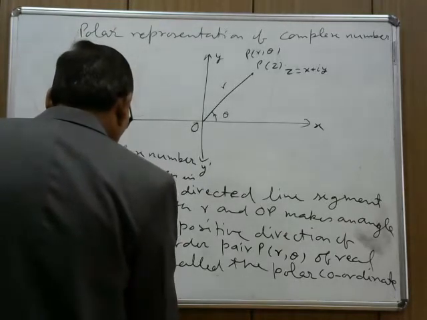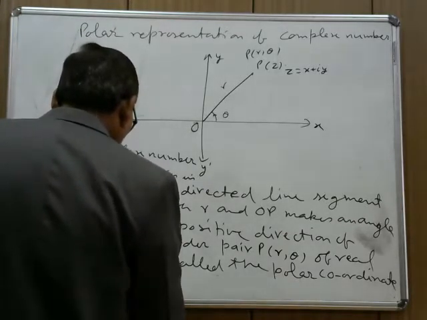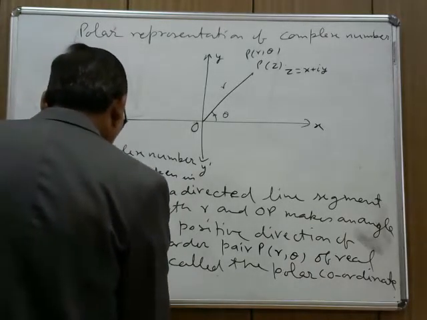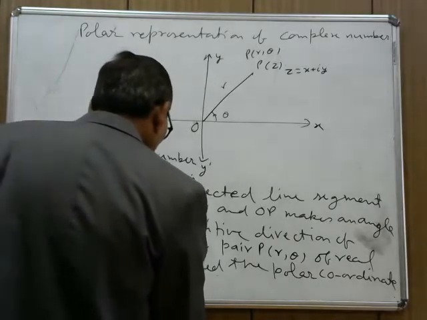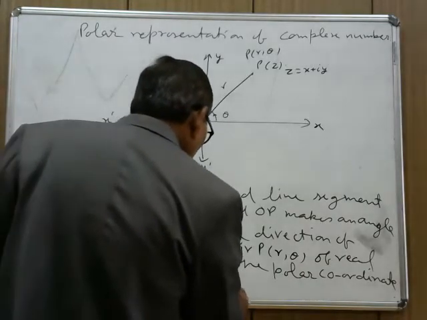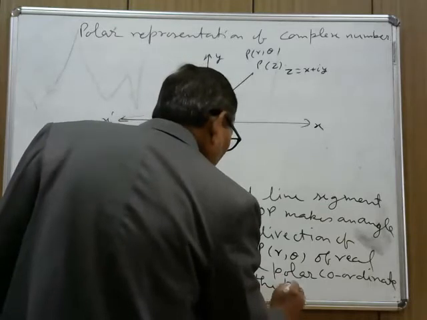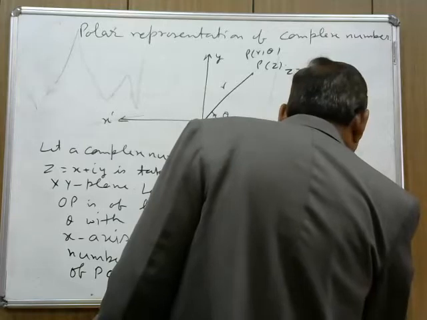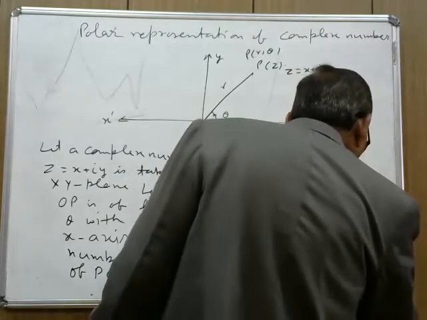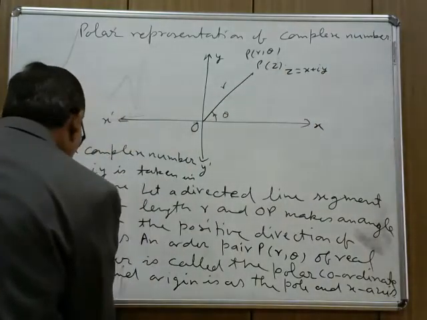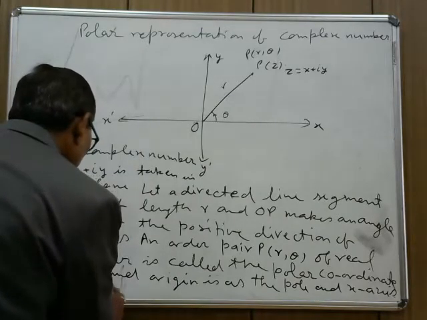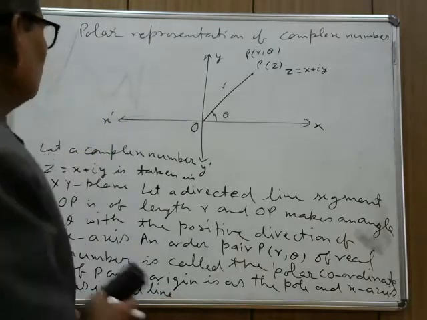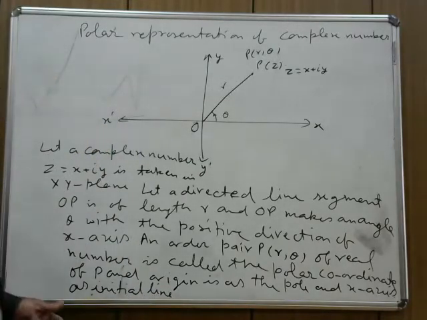The origin is taken as the pole, and the x-axis as the initial line. This is the initial line. So this is the information I have understood.